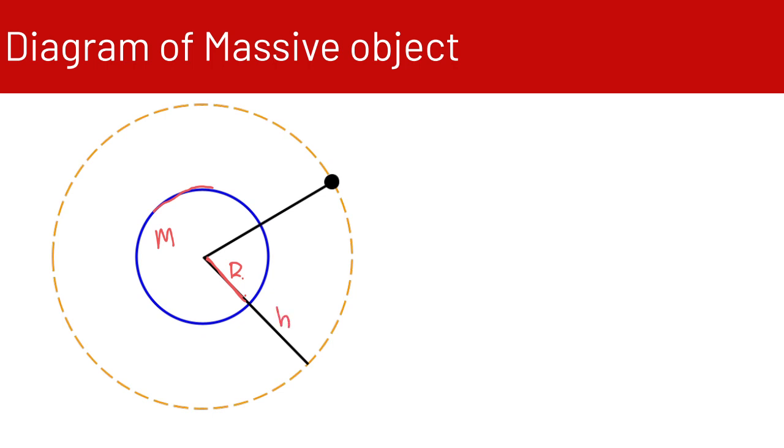This portion of this black line can be considered the height. So we're going from the surface of, let's say this is Earth, out to a particular height away from the surface. So this whole distance here would be considered r. We can say that r is equal to capital R plus h.